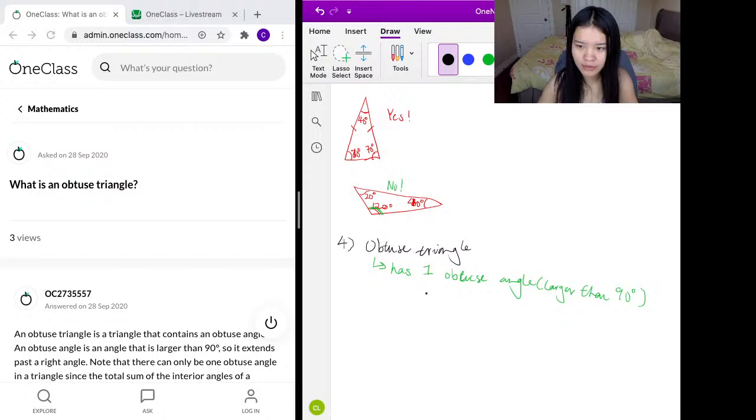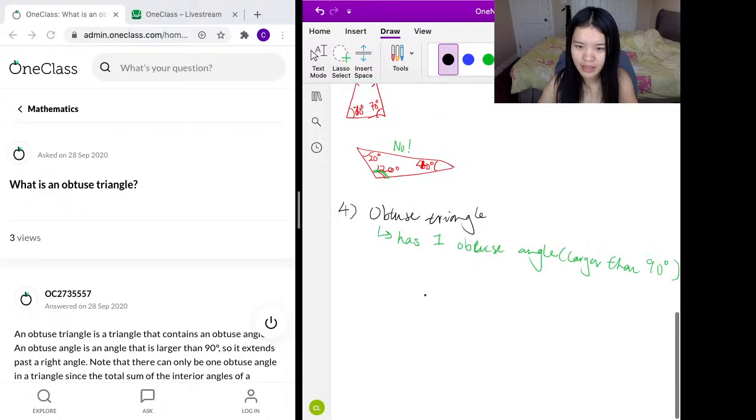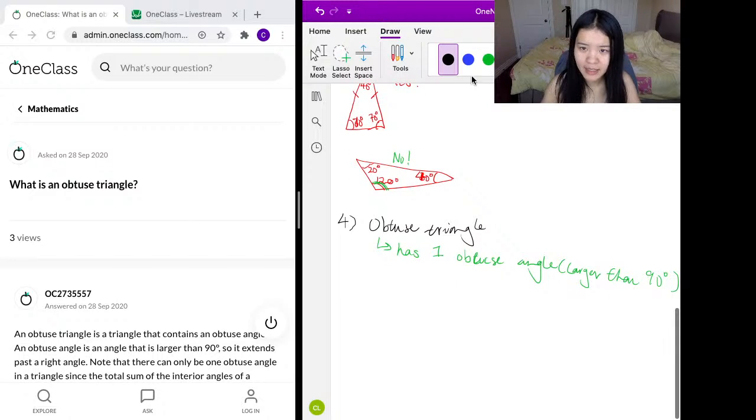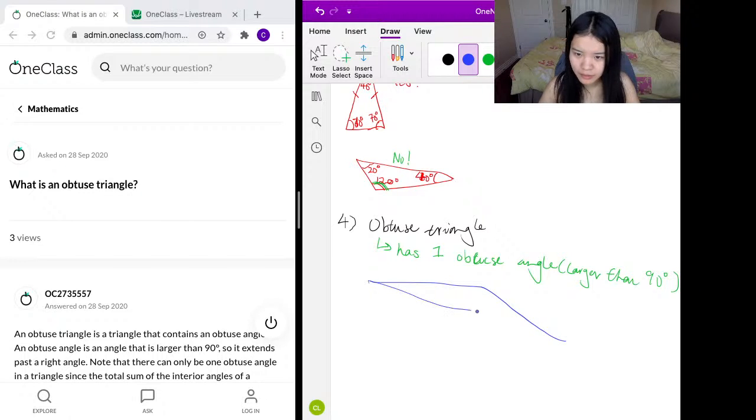So how do you know whether an angle is obtuse? Let's look at an example. First of all, let's look at this example. So this would be 160, and this would be 15, and this would be 5 degrees.